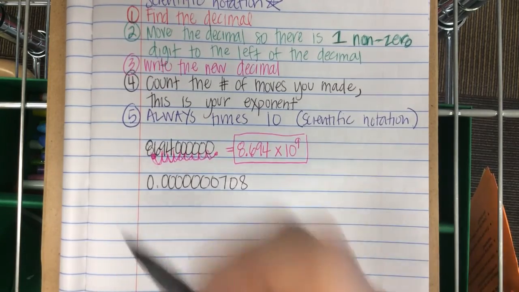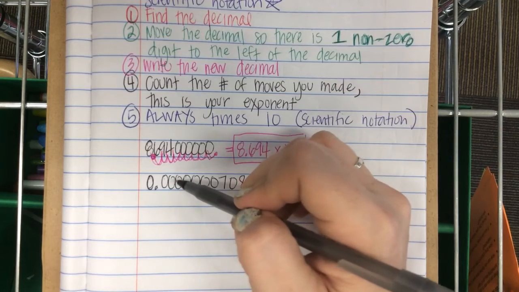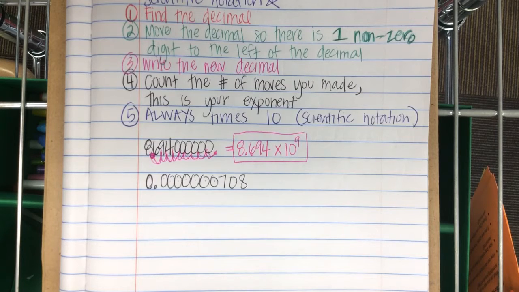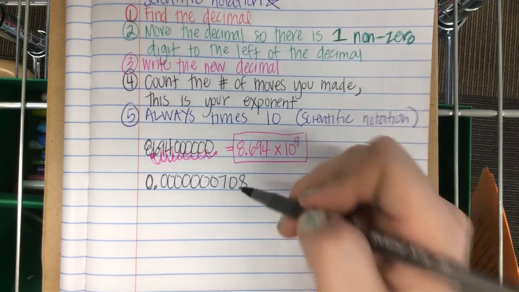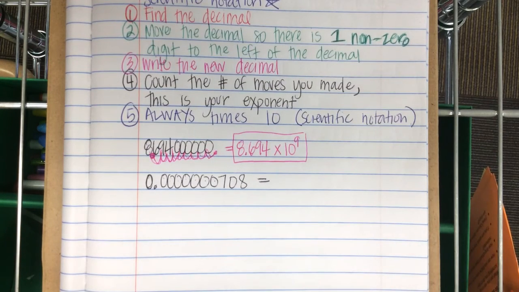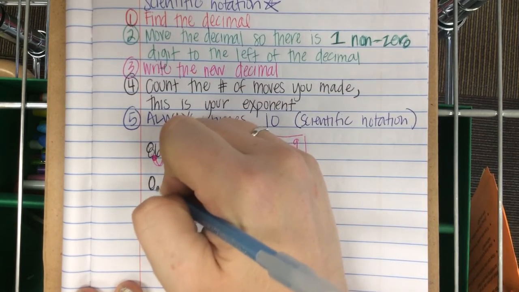Okay, here we go. 0 point, and then you put 7 zeros. 0 point, and then 7 zeros, and then 708. Find the decimal. Found it, right here.